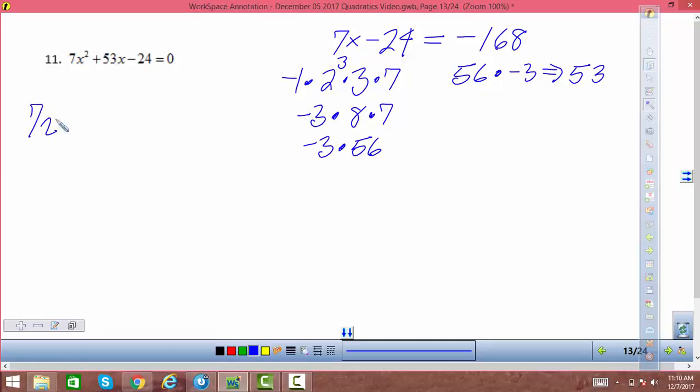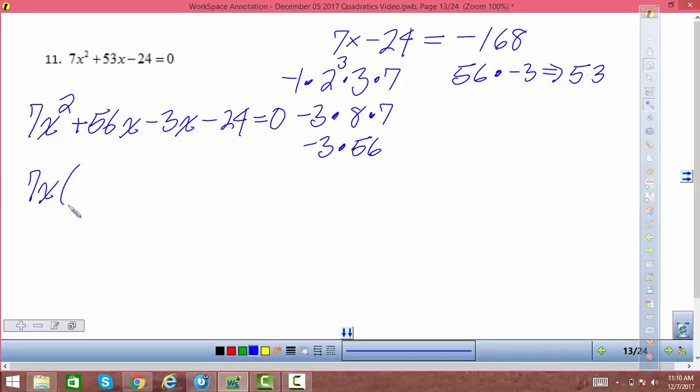So I'm going to rewrite as 7x squared plus 56x minus 3x minus 24 equals 0. I'm going to factor out 7x from these two. So 7x times x plus 8. Then here I'm going to factor out a negative 3.